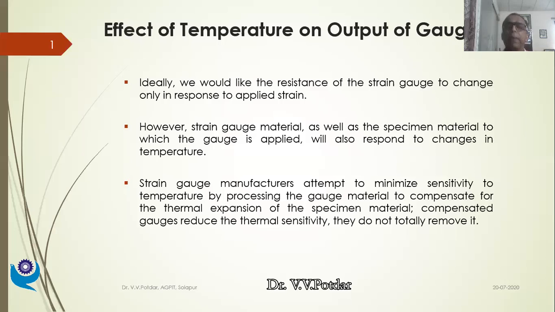So, keeping that in mind, the researchers worked on this problem and they identified techniques to separate out the resistance changes due to temperature effects. First of all, they found out the resistance change only because of length changes, and they also found out the resistance changes because of the combination of strain changes and temperature changes, and they built some compensating circuitry wherein they could separate out the resistance change because of temperature changes.